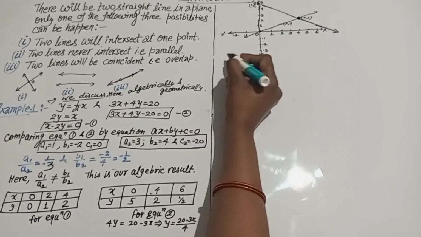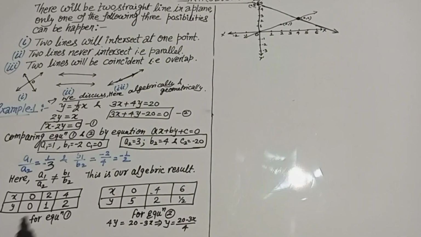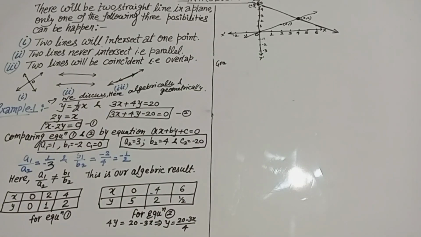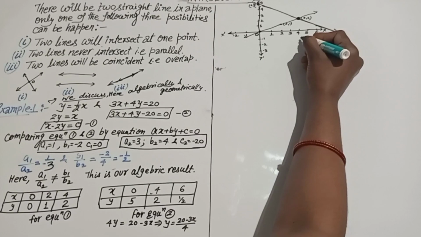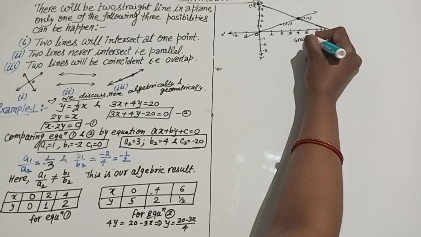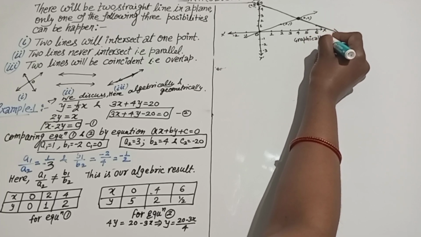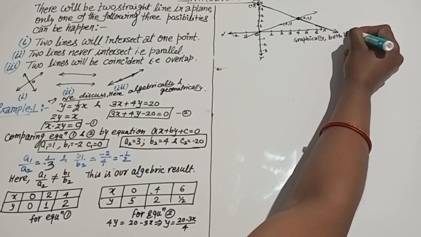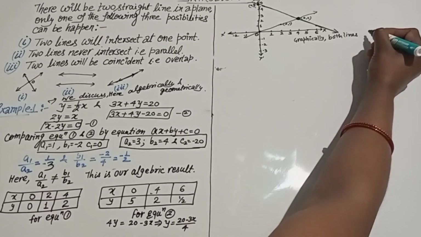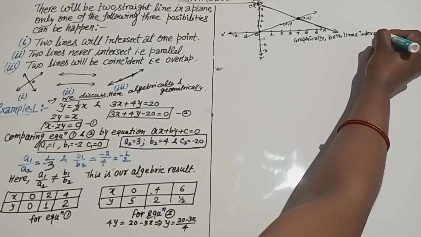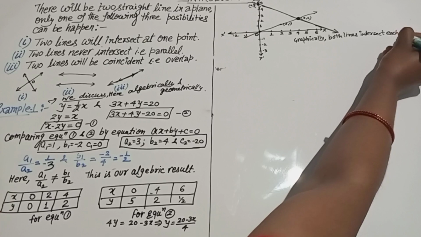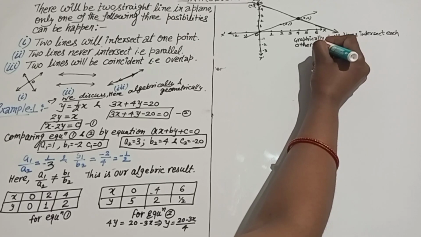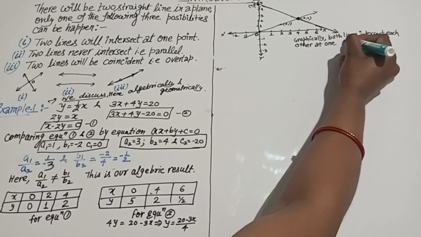So this is graphically. Graphically, both lines intersect each other at one point.